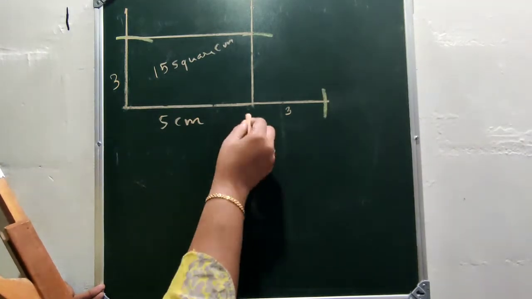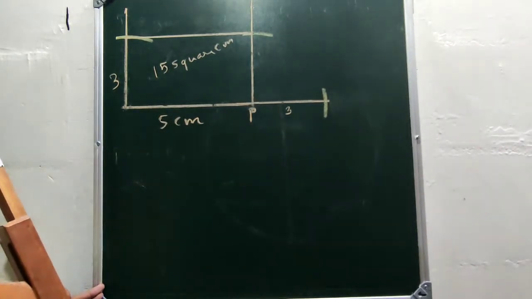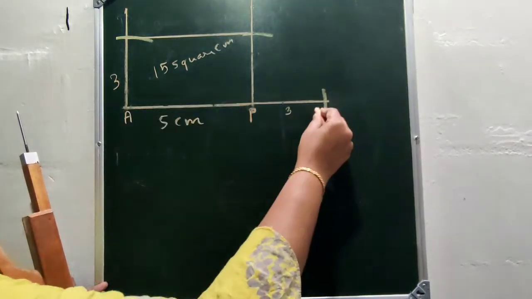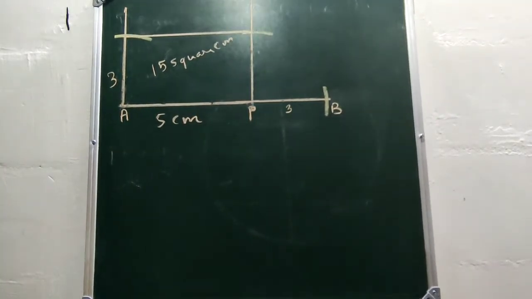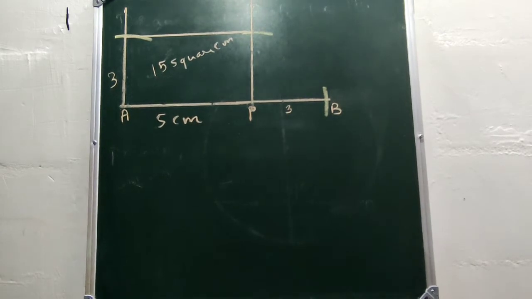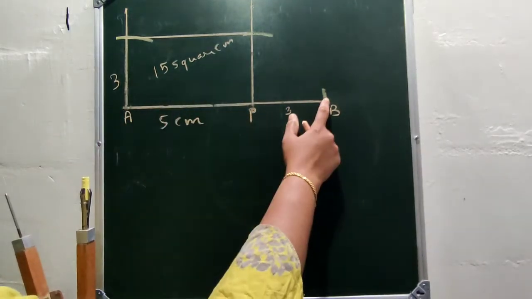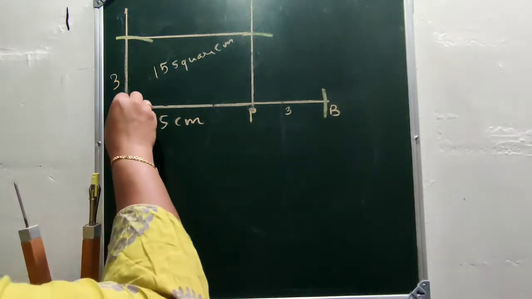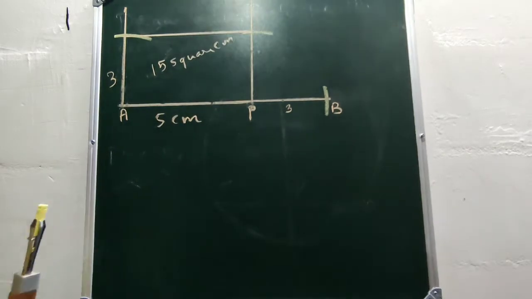Take the 5 cm and 3 cm meeting point as P, and one end of the line as A and the other end as B. Now we are going to draw a semicircle keeping this AB as diameter. AB as diameter means half of AB is the radius.